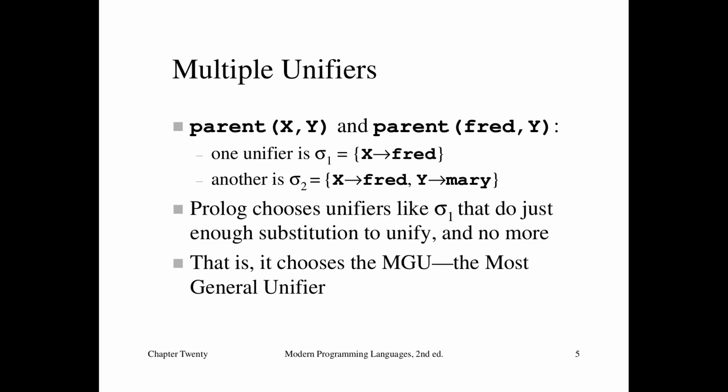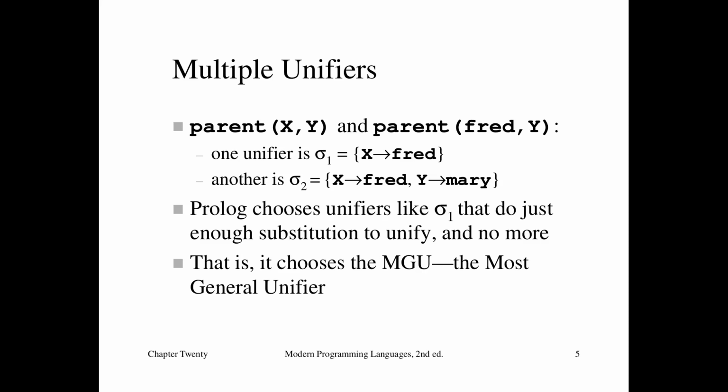We can have multiple unifiers, so multiple substitutions are possible for any one unification that we're attempting to pull off. The problem here is that we have to select one of them. Prolog will always choose a unifier similar to, in this case, sigma 1.